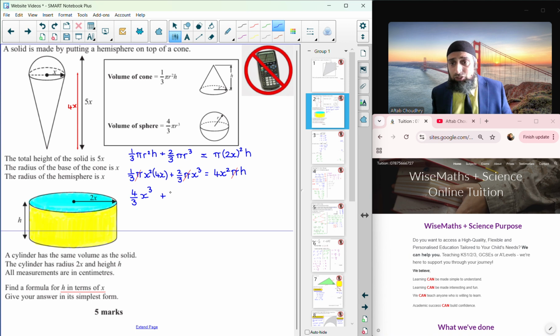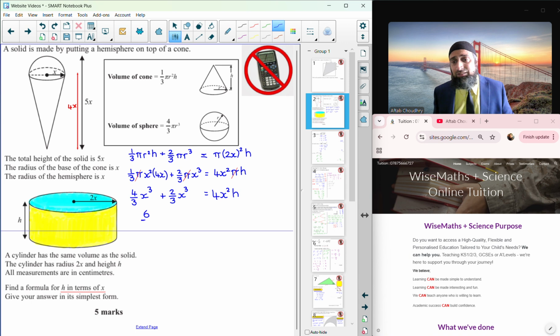This will work out to be 2/3 x cubed, and on this side you have 4x squared h. Now we'll combine these two terms together. You've got 4/3 plus 2/3. 4 plus 2 is 6. The denominators are the same, so it's 6/3.